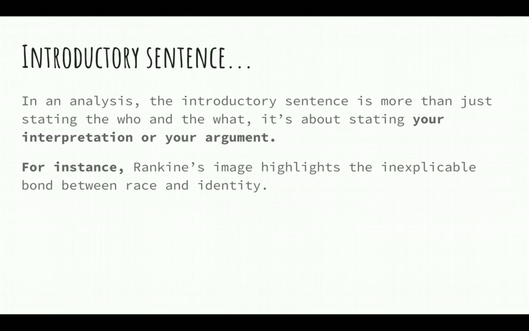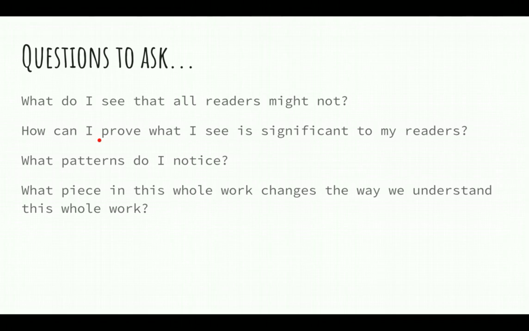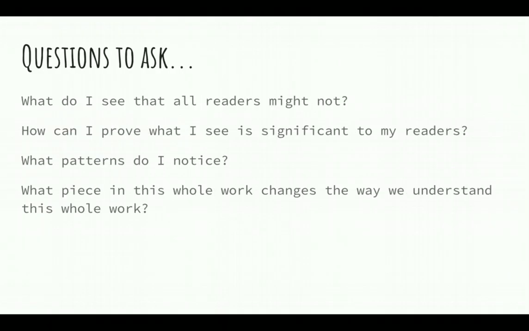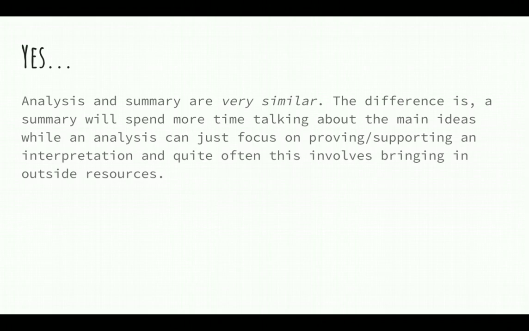I would probably talk more about that, but that's not the point of this exercise right now. The point is to get you to see how interpretation is a necessary part of analysis. And again, analysis is all about trying to figure out what questions you want to ask the text.